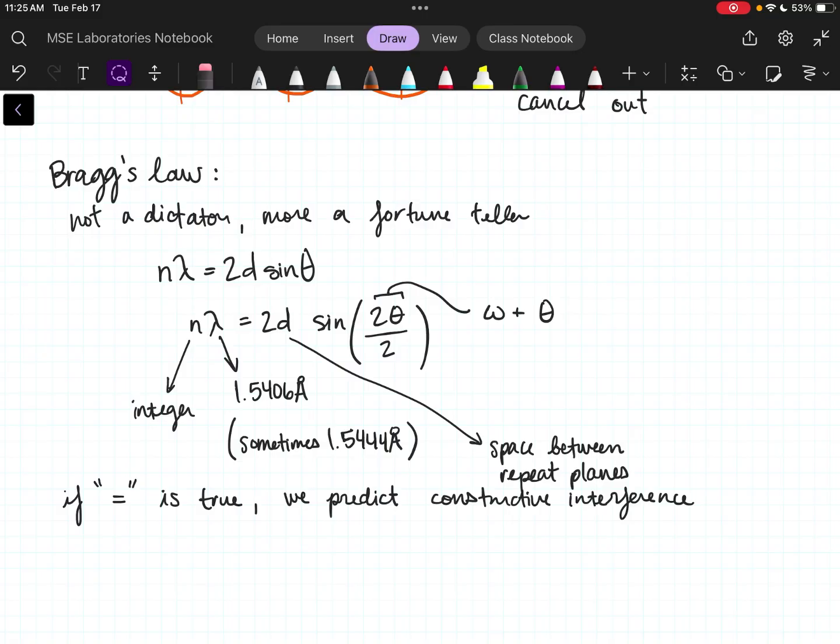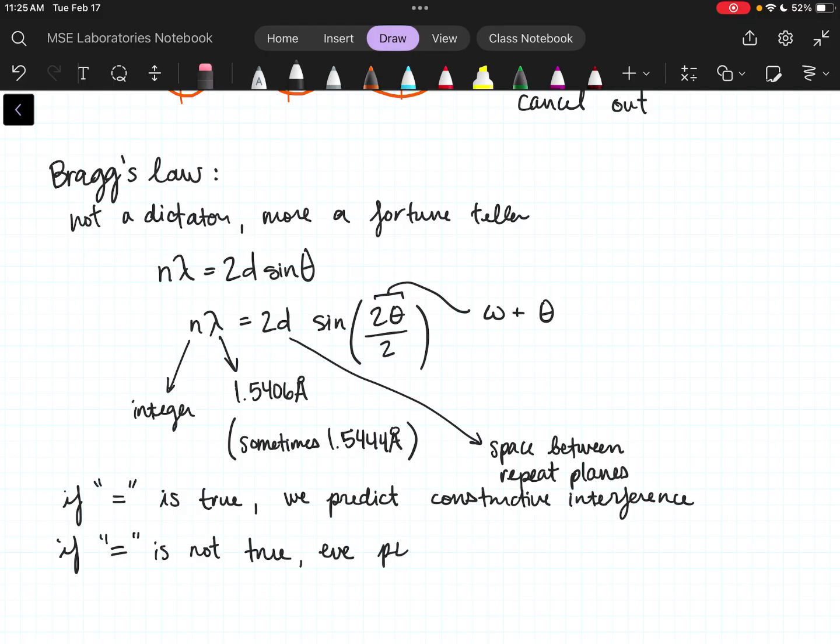So if some integer times our wavelength is equal to the D spacing we're looking at times 2 times the sine of 2 theta over 2, then we predict constructive interference. Equal signs are really tricky, especially when you're working with a sine value. A single decimal can change, and suddenly they're not equal to one another.